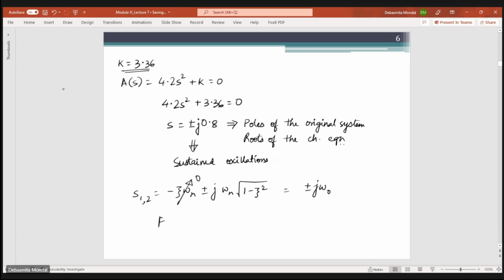So the frequency of this sustained oscillation will be equal to omega 0, which is nothing but 0.8 radian per second. Okay, clear?